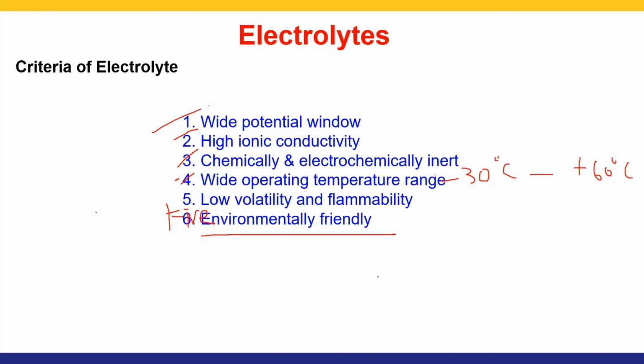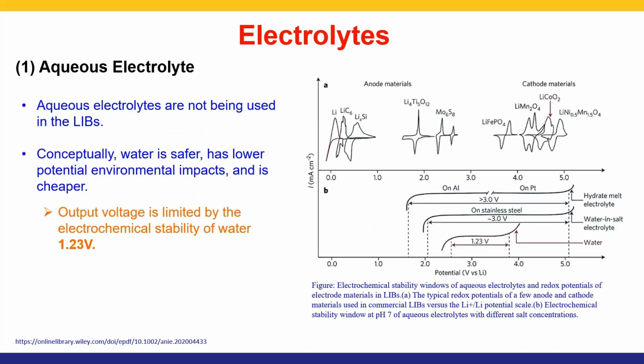What you should bear in mind is that no single electrolyte can satisfy all the requirements listed here. In organic liquid electrolytes, often we will mix two of them together to achieve the desired performance or characteristic.